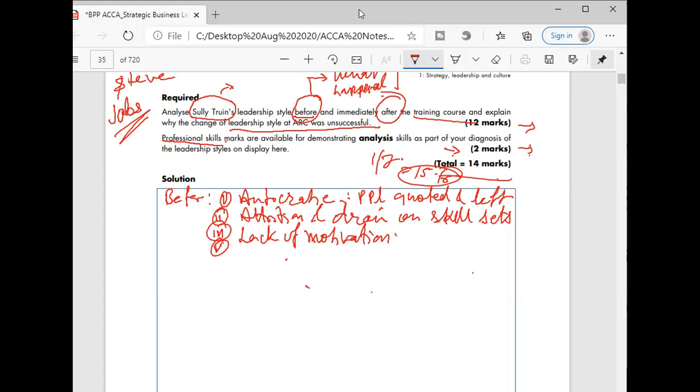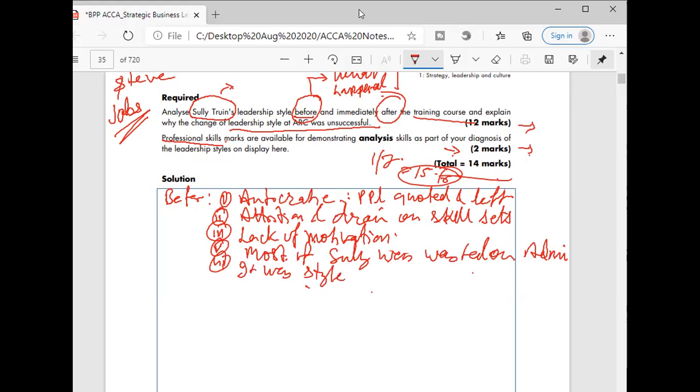Also, it was eating up his time. Most of Sully's time was wasted on admin things. It was his style during the startup 10 years ago.